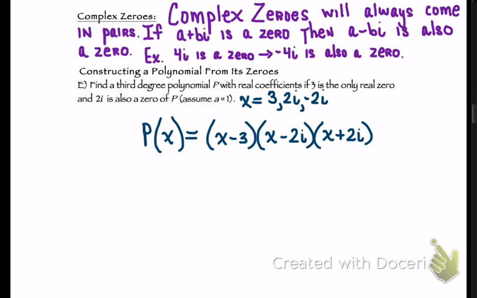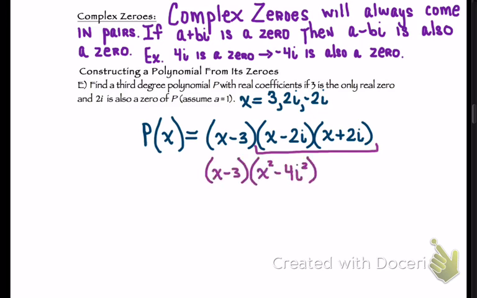When I look at these first two, and I try to think about foiling those, that's going to be a nightmare that I don't want to handle. So I'm going to foil those two instead. Hopefully you remember how to foil: first, outside, inside, last.